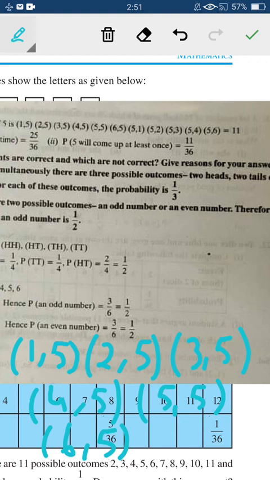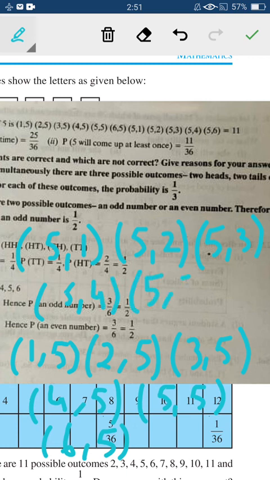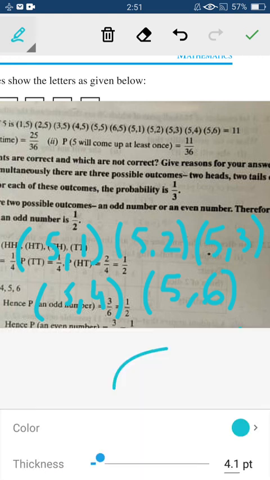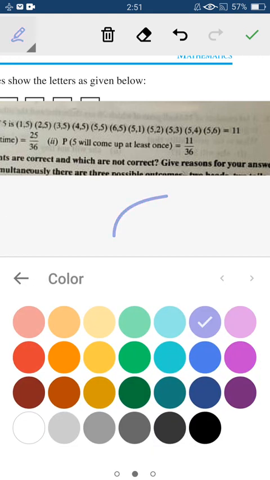Now it means 5, 1 can also come, 5, 2 also contains 5, 5, 3, 5, 4, 5, 5 we have already taken. If you see here that we have already taken, so we will not write this, right? Then 5, 5 we are leaving, 5, 6, right?